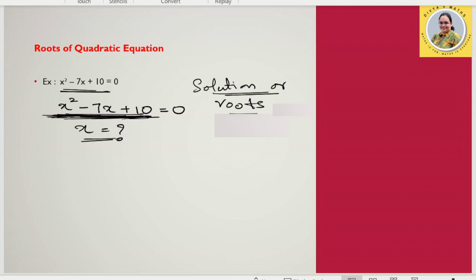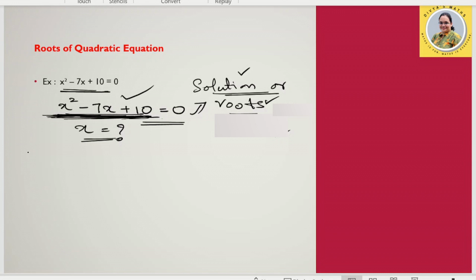When you substitute a value in this equation, if that value satisfies it, then that value will be a solution of the quadratic equation, or it is said to be a root of that quadratic equation.